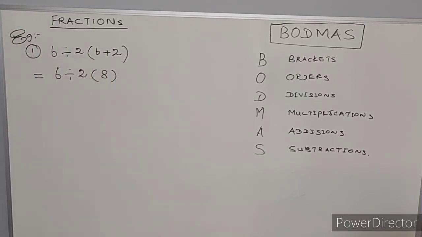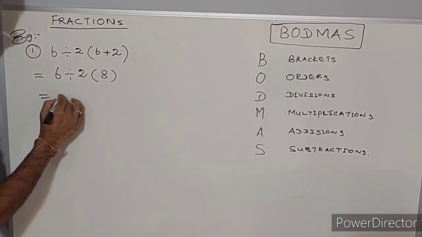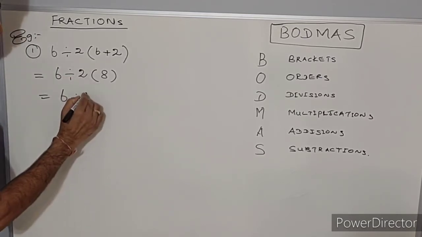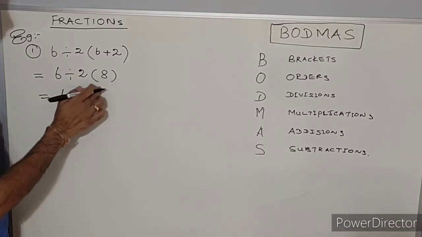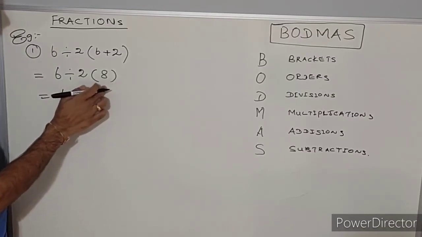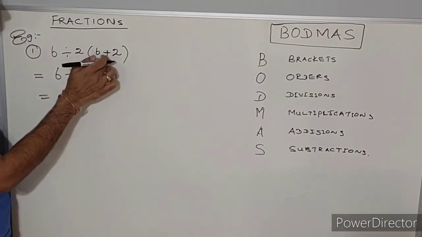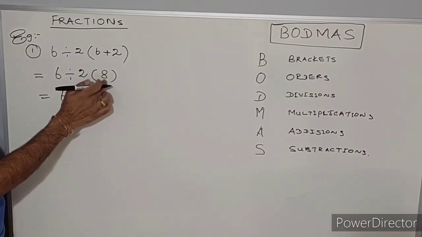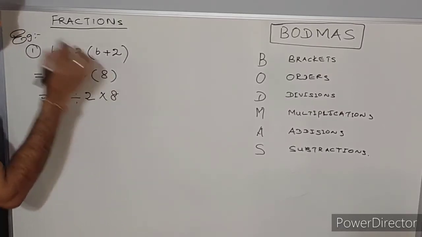Then now you can see 6 division 2. If you take out the bracket, now you can take out the bracket, because you resolved the problems and you get the answer within the brackets. Then you can take out the brackets.